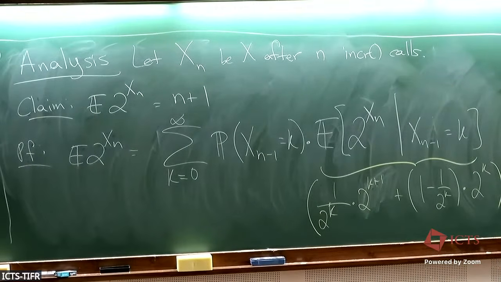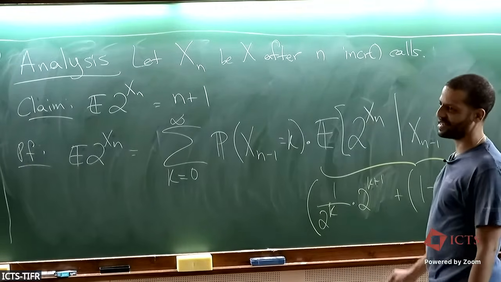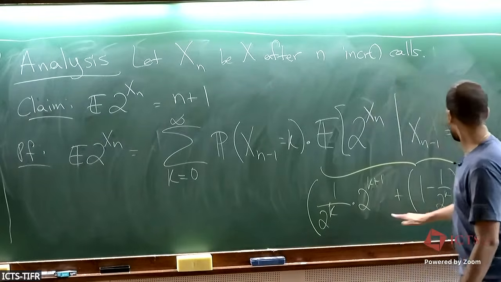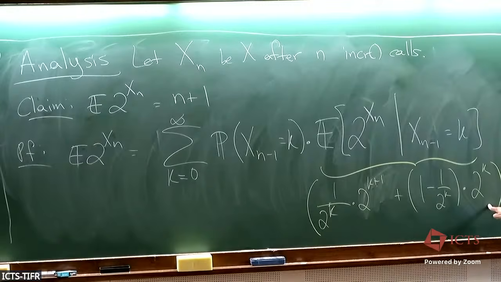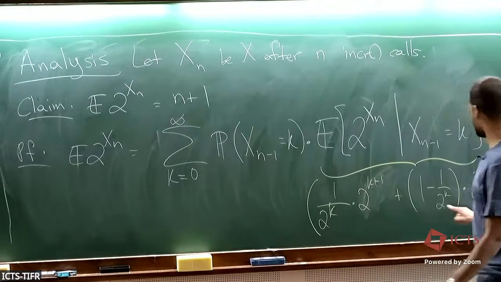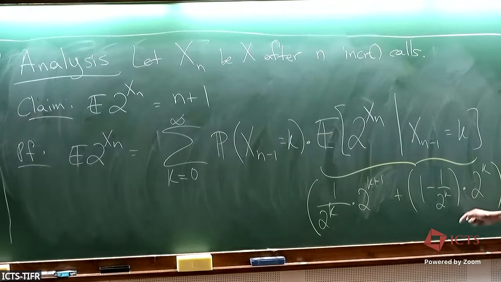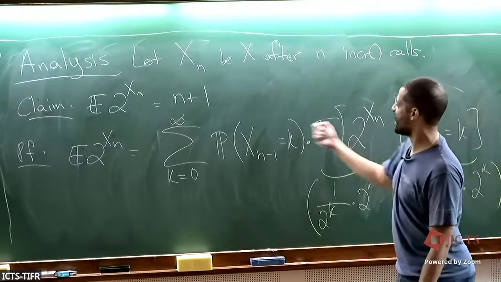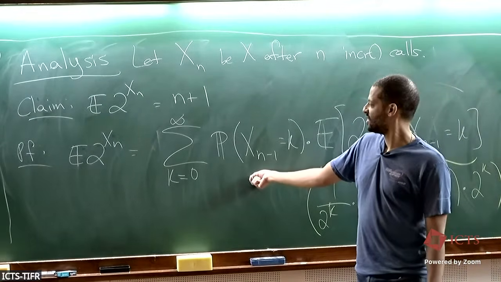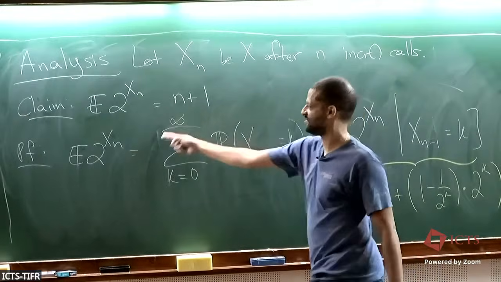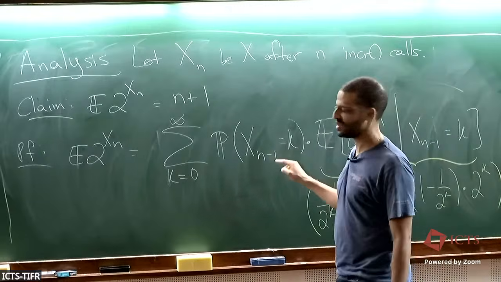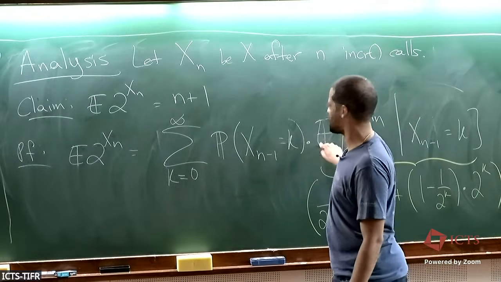Okay, and let's just think about it. I don't want to, again, get too bogged down with calculations. We have a lot to do. This is 2 plus 2 to the k minus 1. 2 minus 1 is 1. So I basically get 1 plus 2 to the k. So 1 times this sum is 1, plus k times this, plus the sum of this times 2 to the k.